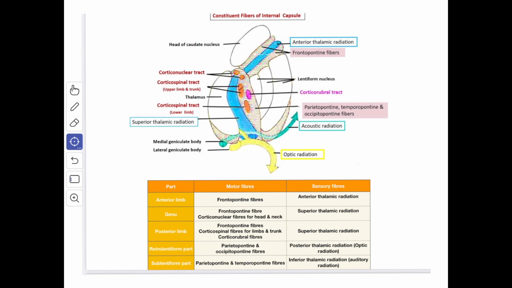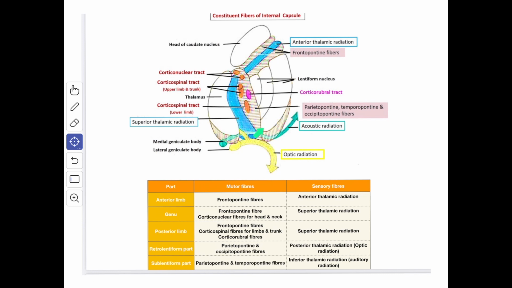In the genu, you have the frontopontine fibers, the corticonuclear fibers of the head and neck, and the superior thalamic radiation. In the posterior limb, you have the frontopontine fibers, the corticospinal fibers of the limbs and the trunk, the corticorubral fibers, and the superior thalamic radiation.